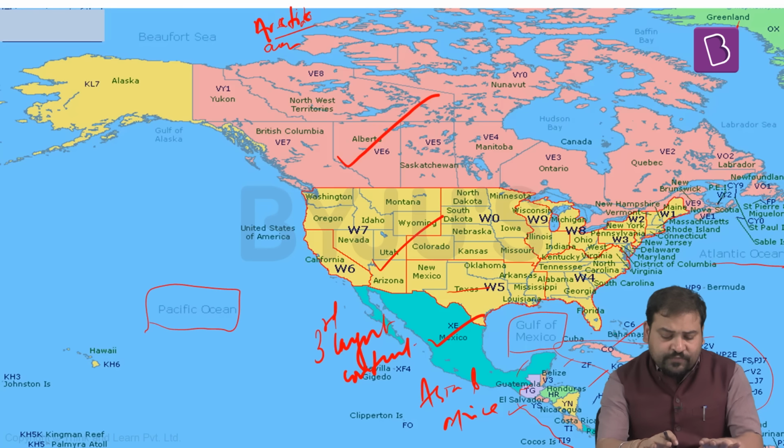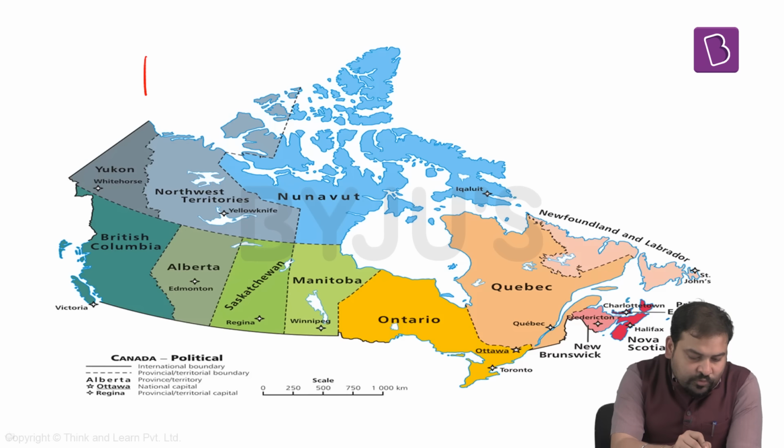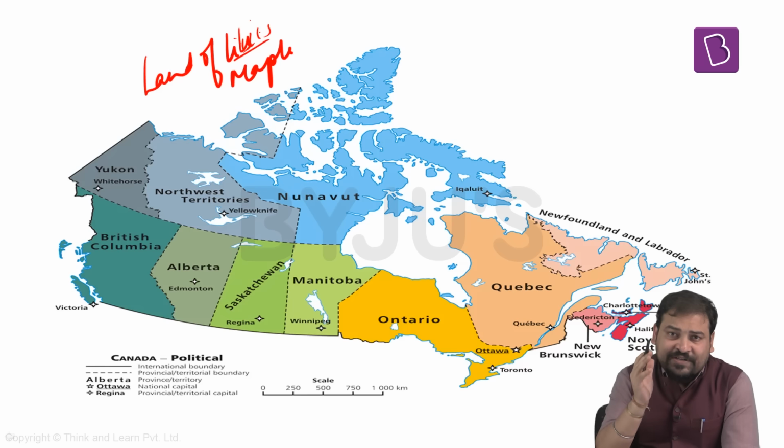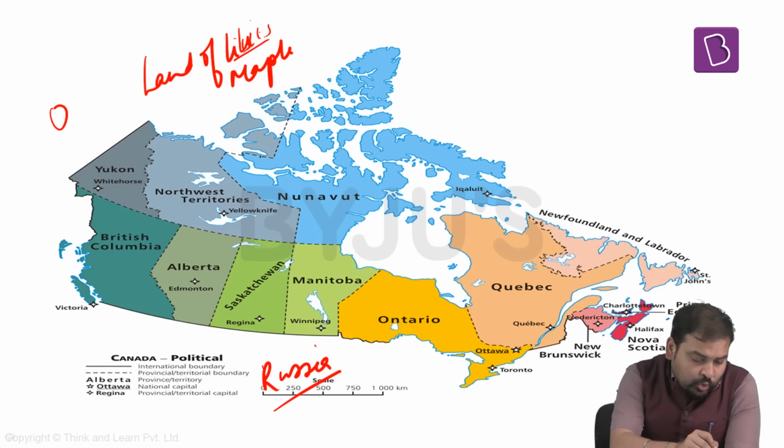Let us start with the first country of this block, that is your Canada. Now, Canada, as you all know, is known as the land of lilies or land of maple. Now, this is the second largest country of the world after Russia, with its capital at a place called Ottawa.